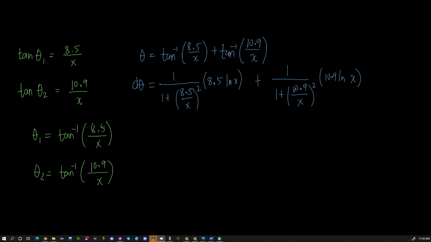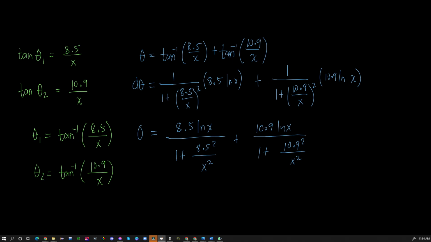Okay, next thing to do is, ang data na to is equate na to na siya to 0. So, 0 is equal to, mahitabo ani natay 8.5 ln x over 1 plus 8.5 square over x square, plus 10.9 ln x over 1 plus 10.9 square over x square. Next, since common man ni, so pwede na to na siya ipagawas, or i-factor out.